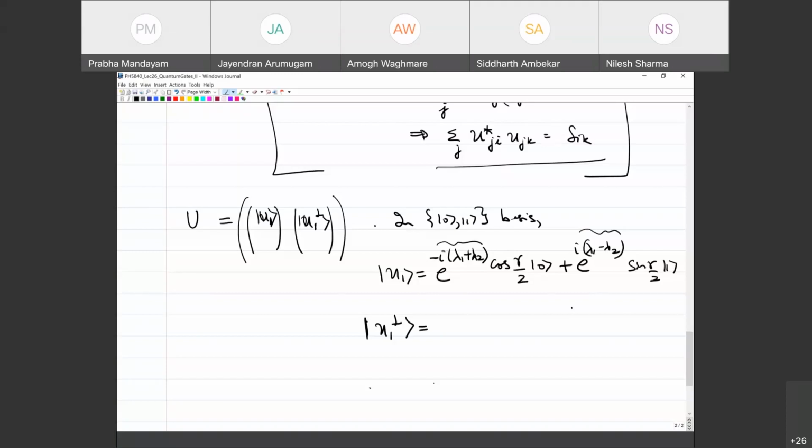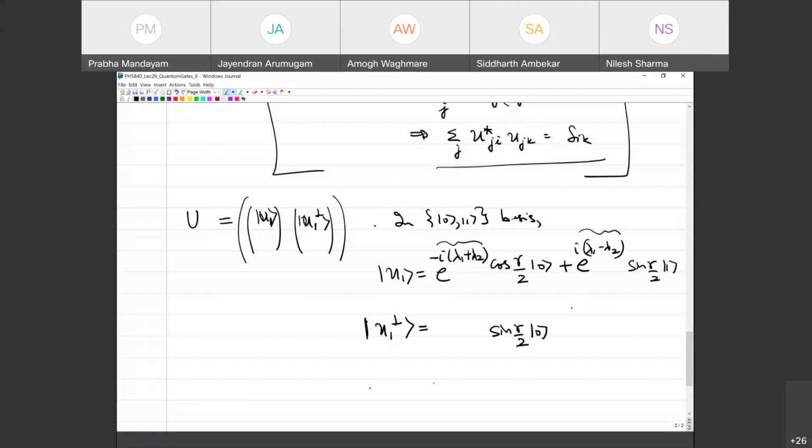Okay. Now, what does the second vector look like? The second column of the unitary matrix is something perpendicular to this, which means that it should have an inner product that vanishes, right? So I claim that this is how I should write it. I should write it as sine gamma by 2, cos gamma by 2 here, right?